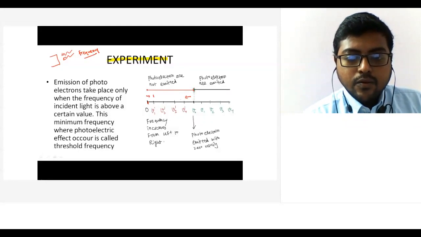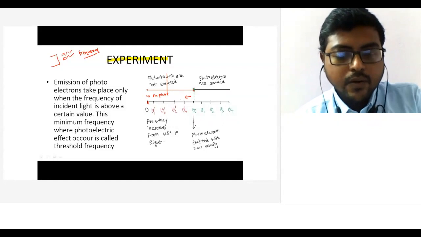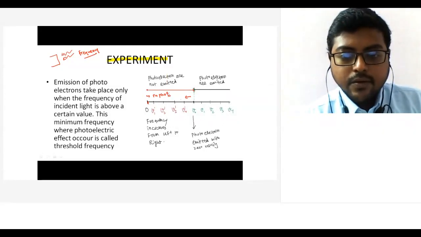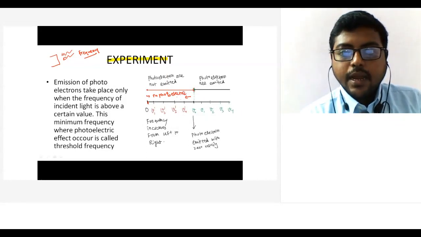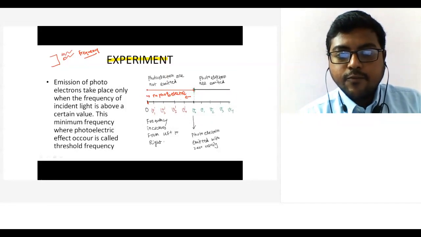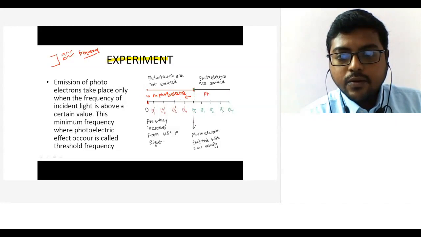no photoelectric effect will occur. And if we exceed the frequency beyond nu naught, there will be a photoelectric effect.